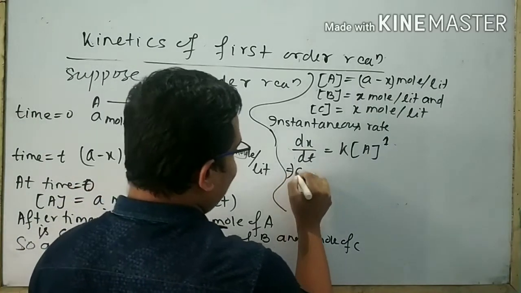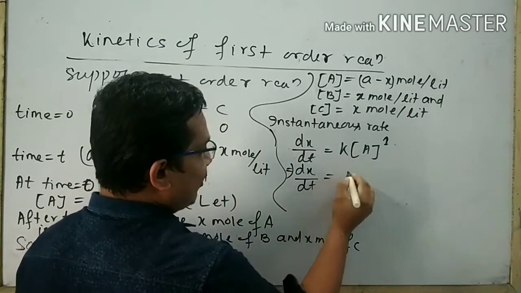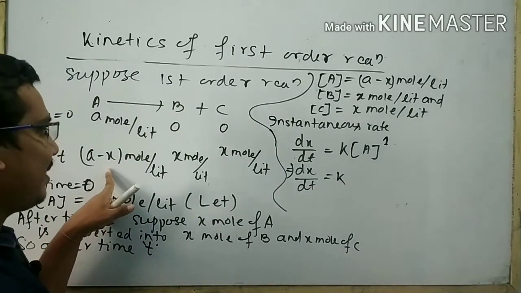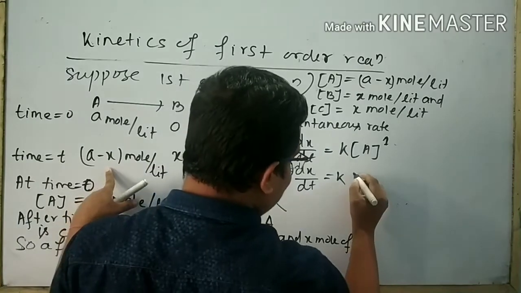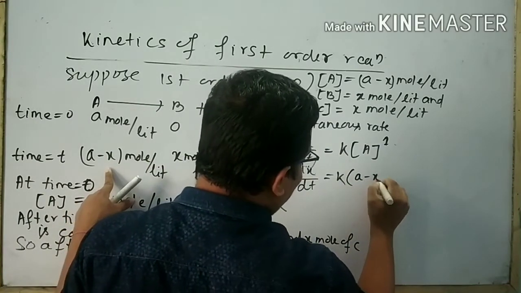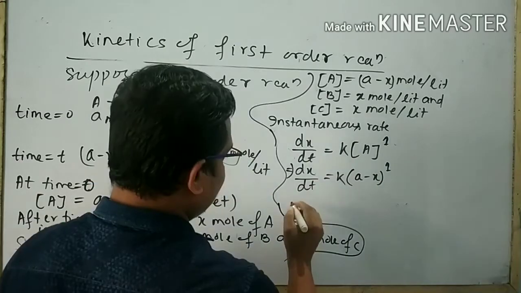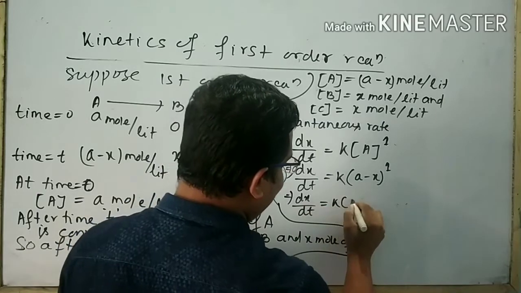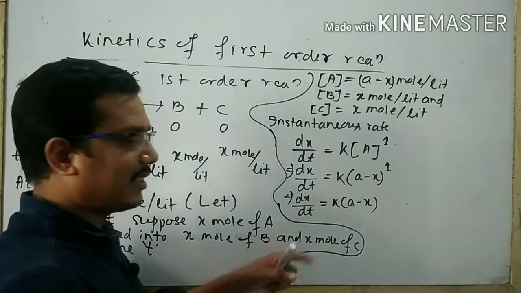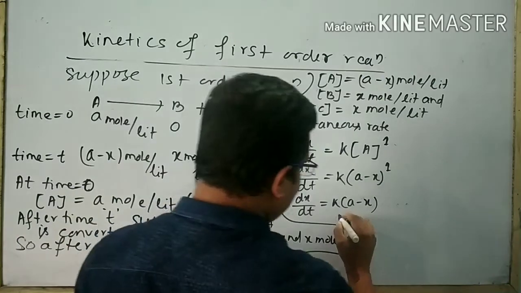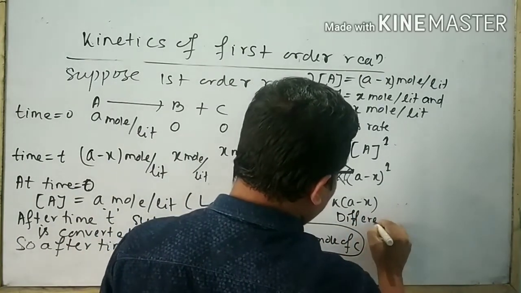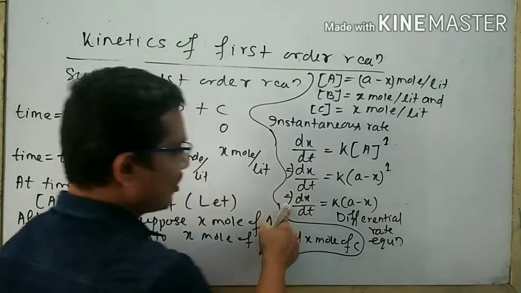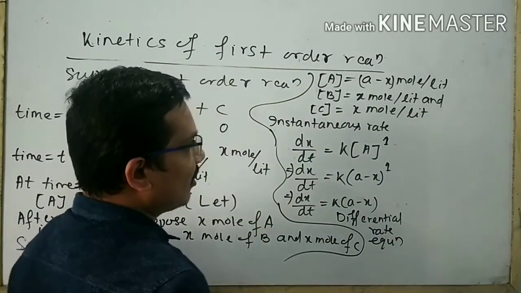That means we can write dx by dt equals k into the concentration of A after time t, which is a minus x, so (a minus x) power 1. Now I can write dx by dt is equal to k into (a minus x). This equation is called the differential rate equation.